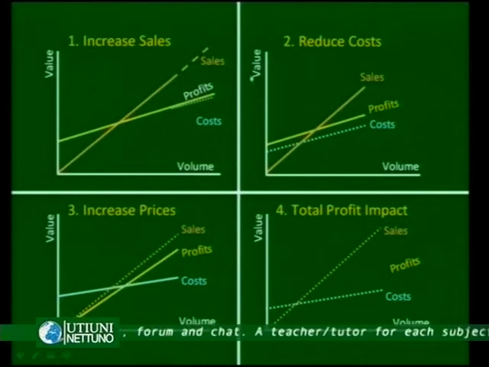In the second one, over here on the right hand side at the top, reduce costs. In this, we see the blue line, the cost line, is lower down from the profit line, and therefore the margin of profitability has increased by reducing the costs.